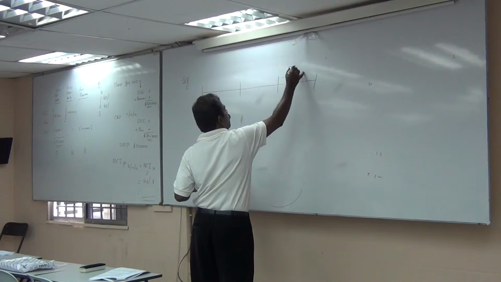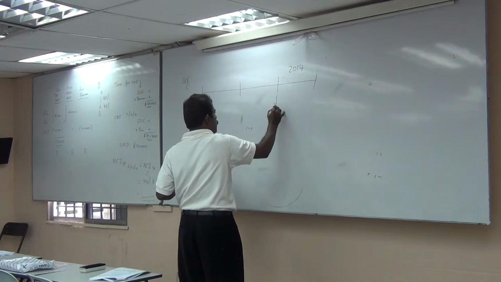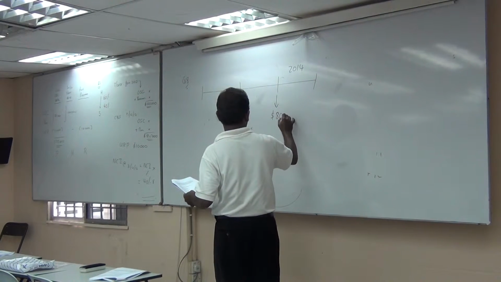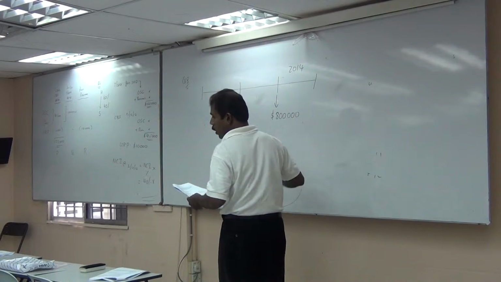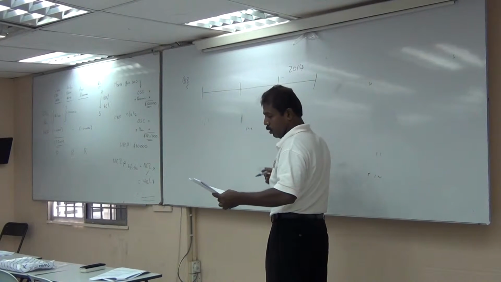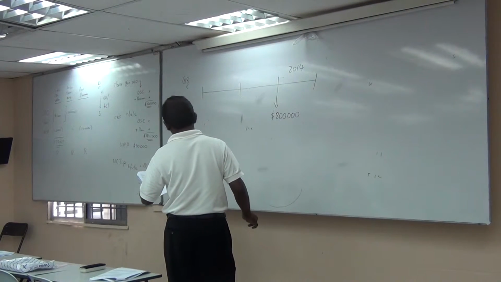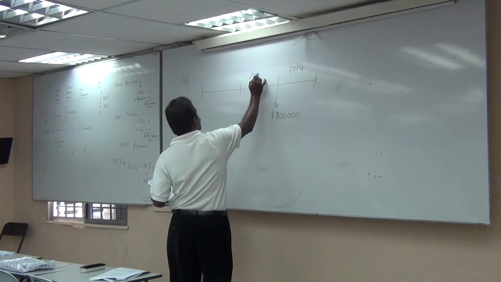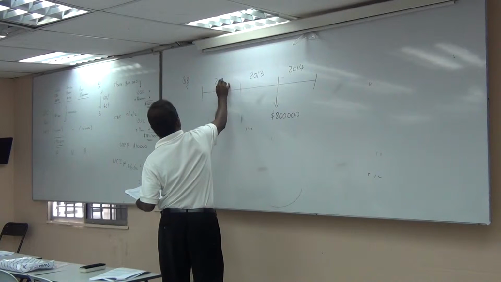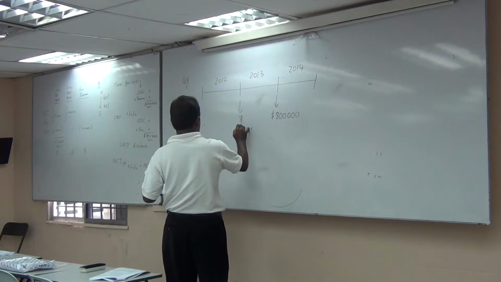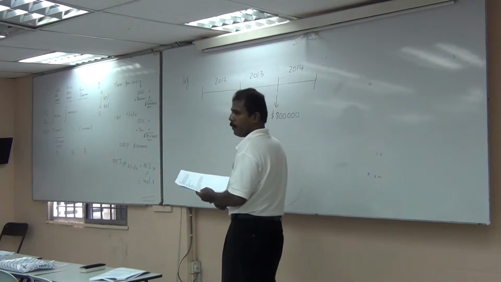Okay, this is 2014. Here the value is 800,000. So the estimate, the value here will be 800,000. How much should be shown in SOFP for the current year? So this is 2013. So this is 2012. So how much value you have to show here? Cost of capital is 12%.